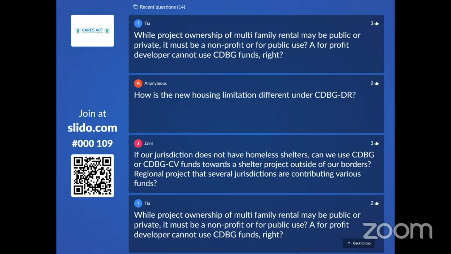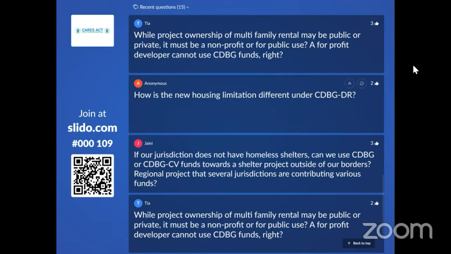It's rare that a grantee will own a multifamily rental building. They may own it long enough to perhaps rehab it, but then they end up selling it to either a for-profit or a nonprofit, because grantees generally are not in the business of renting housing units.